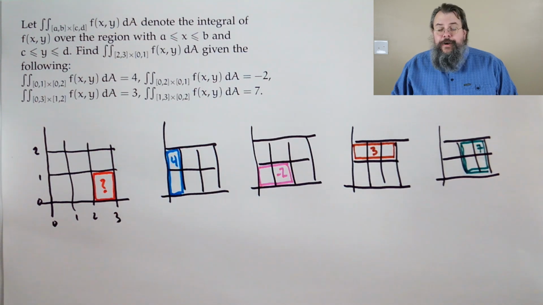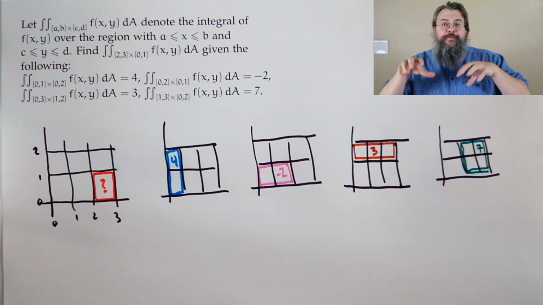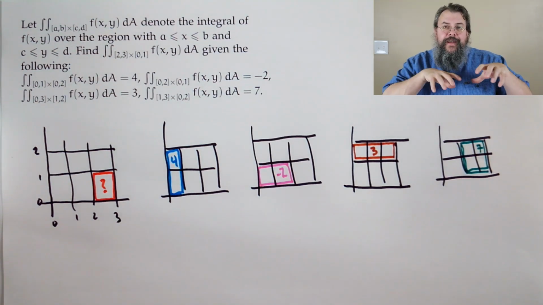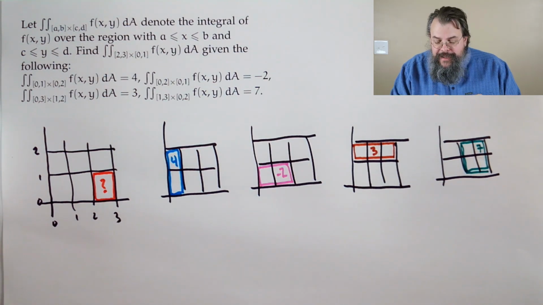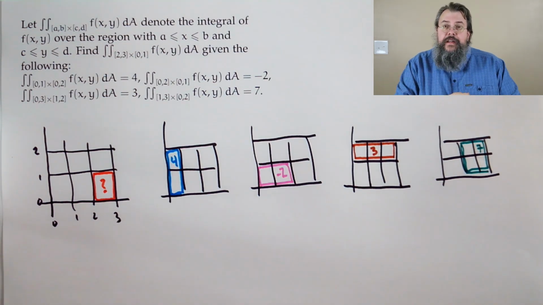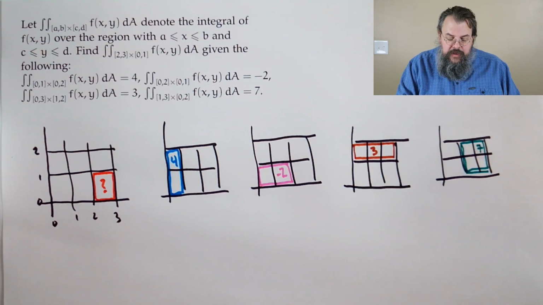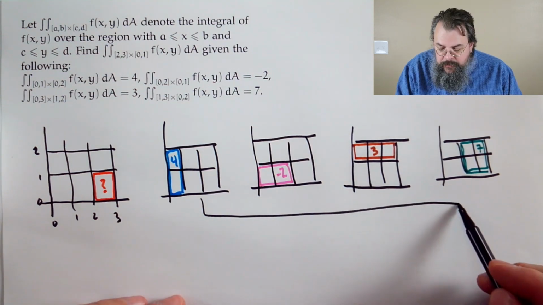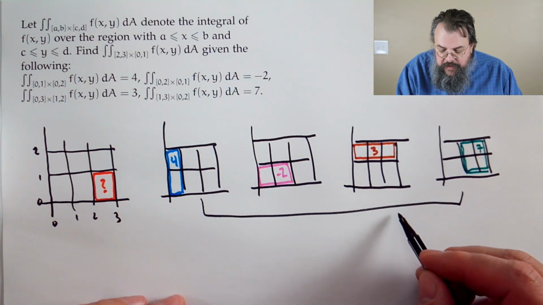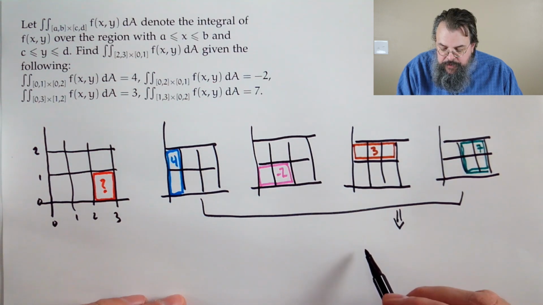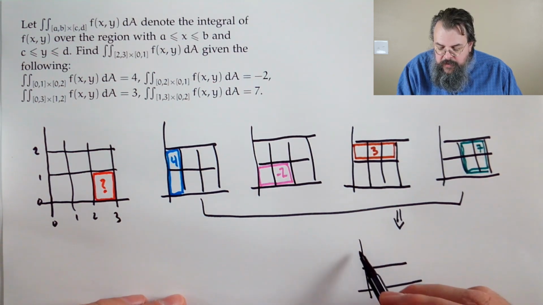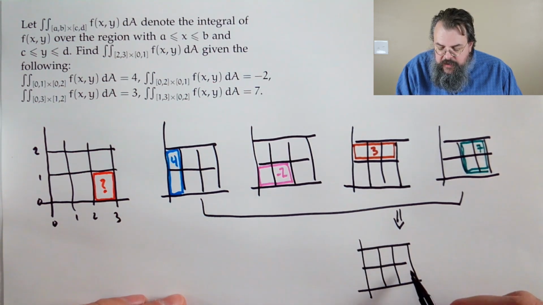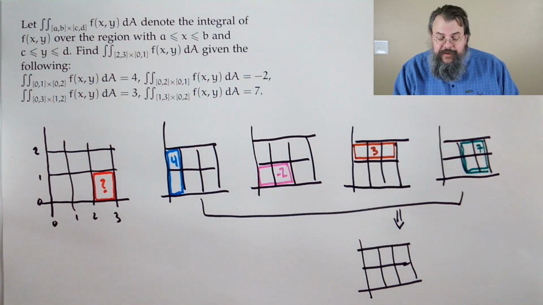Now we have all these little pieces, and what we want to do is look at ways we could combine them. Can we put these together in nice ways? Notice, it looks like the second and the fifth one, if we put those together, fit nicely together and form an entire rectangle.